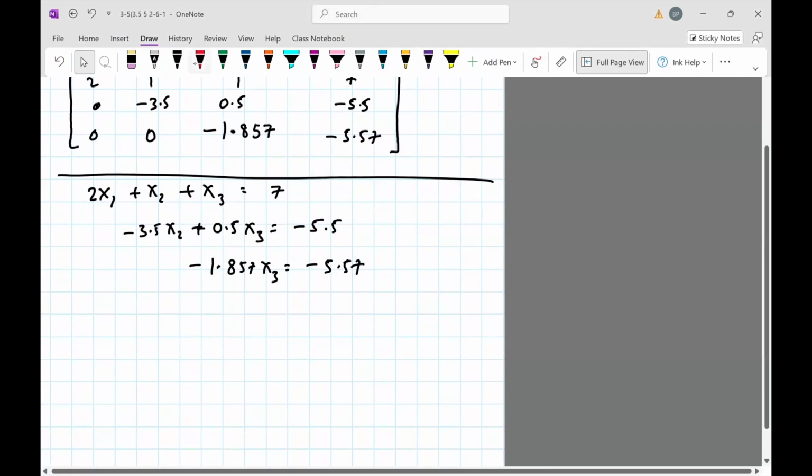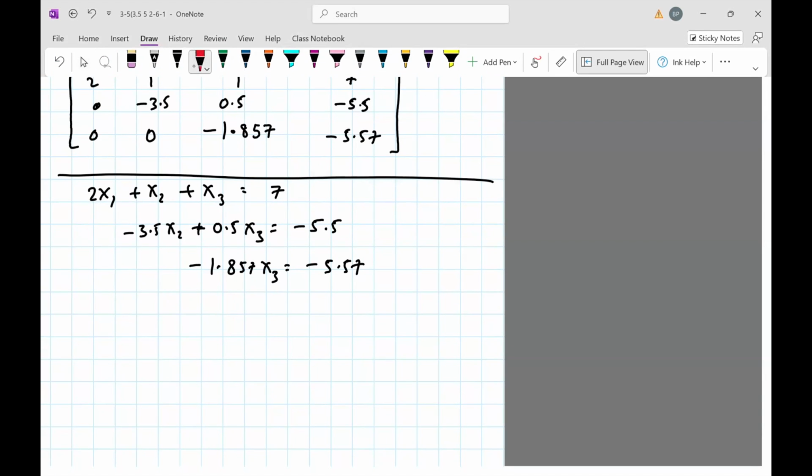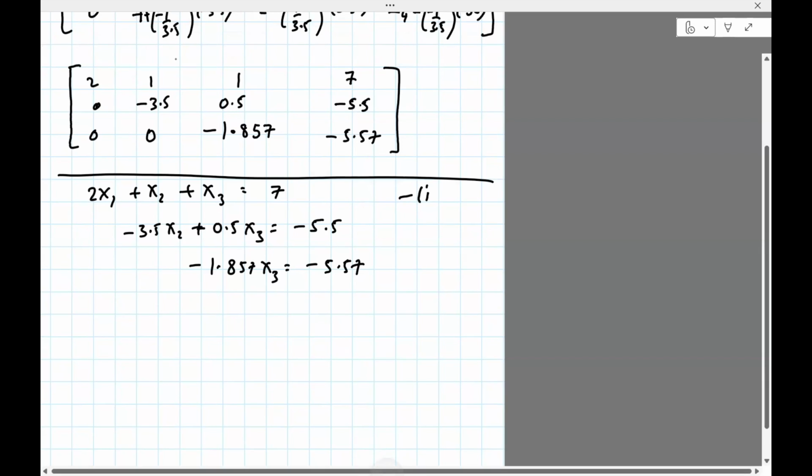So from the last equation, let's call them 1, 2, 3. From 3, x3, so that's 3.